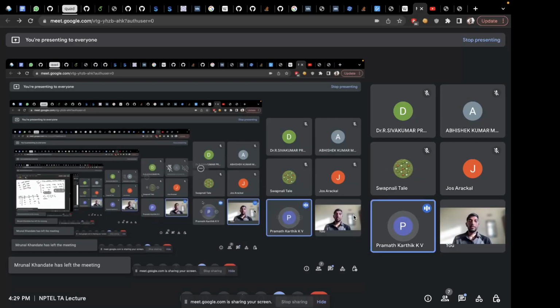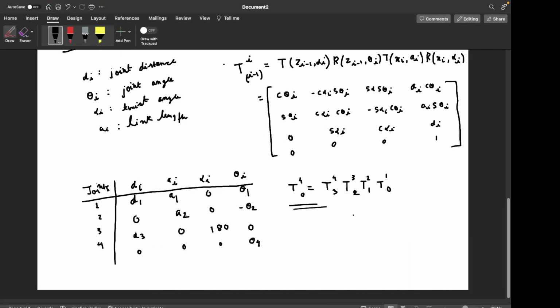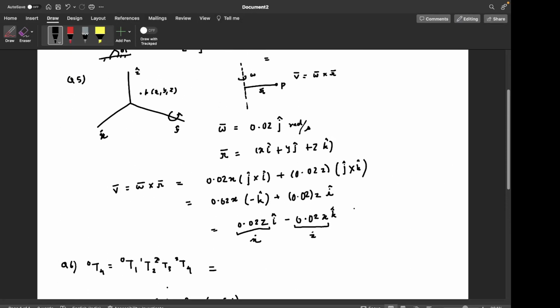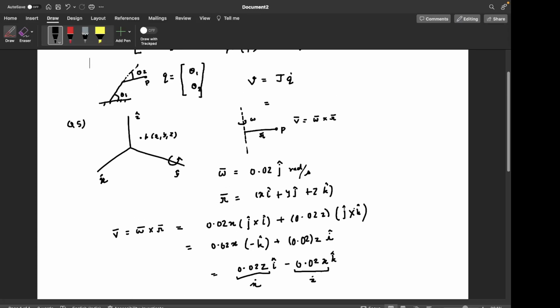I went through till week 1 content yet actually. Okay, so till differential transformations I have seen. What I am doing right now is the first week 9th question of the assignment.